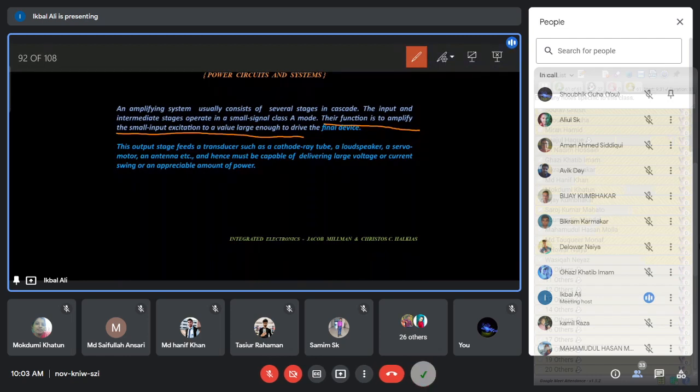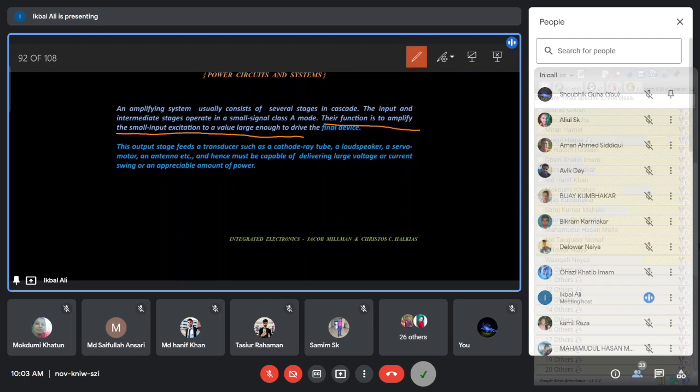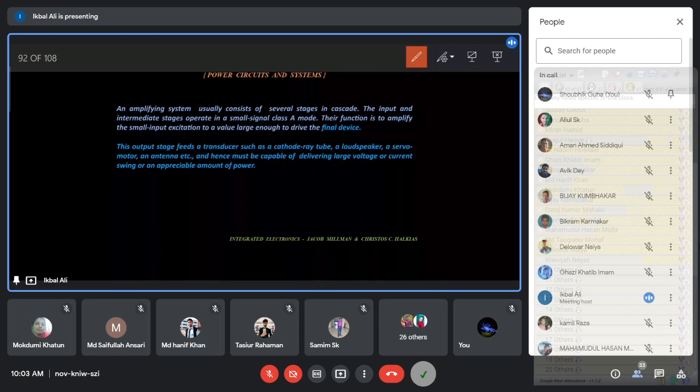These amplifiers, together with the power amplifier (so the first amplifier, the intermediate amplifiers, and the last amplifier, which is the power amplifier), are all required to boost the incoming low AC signal to such a high value that it can drive the final device. So this is the final device. This final device may be your speaker. The final device you want to drive may be a speaker, or it may be a motor.